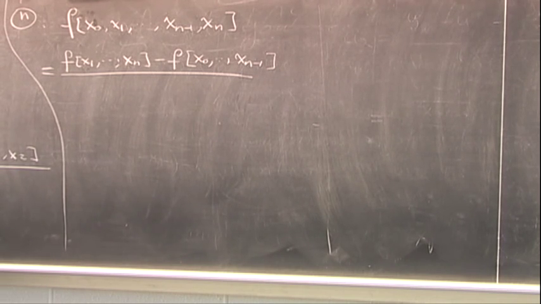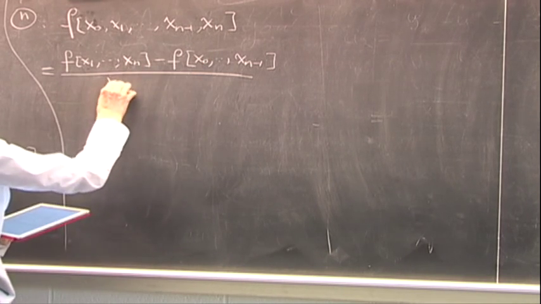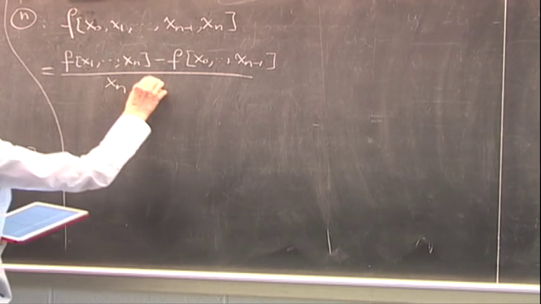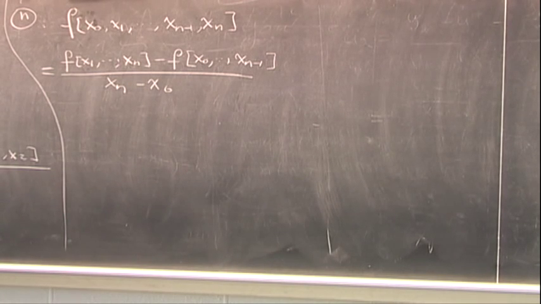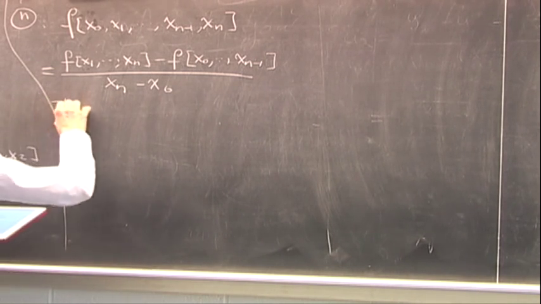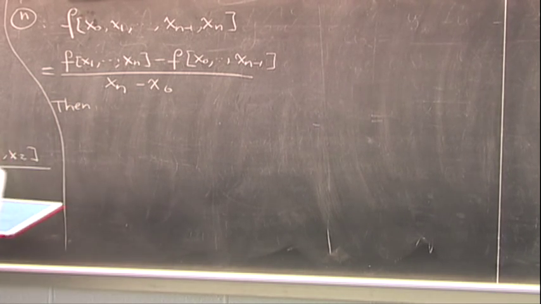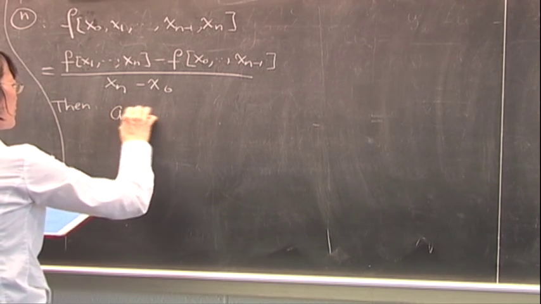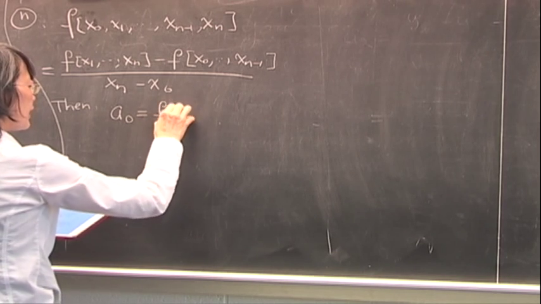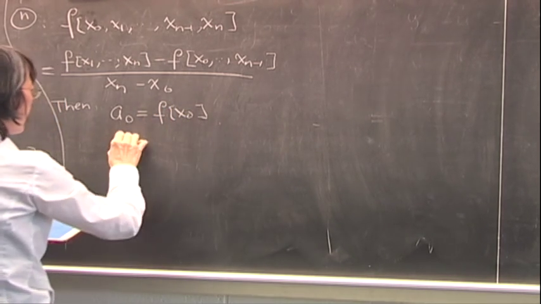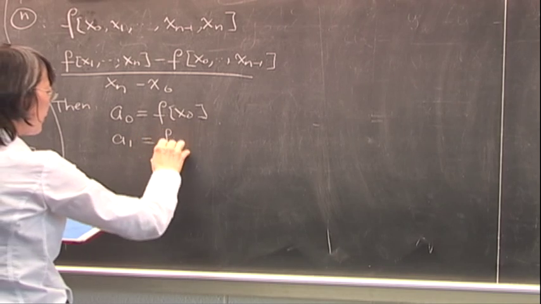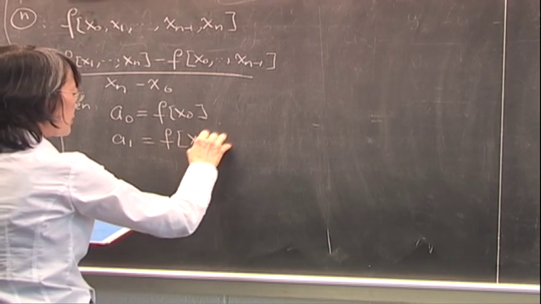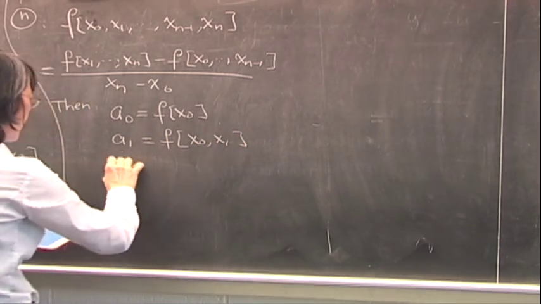So the denominator would be the last xn minus the first x0. Okay? And if you have computed all that, then you get the following. I didn't prove it, but I have. So A0 will be f at x0. A1 will be f[x0, x1].